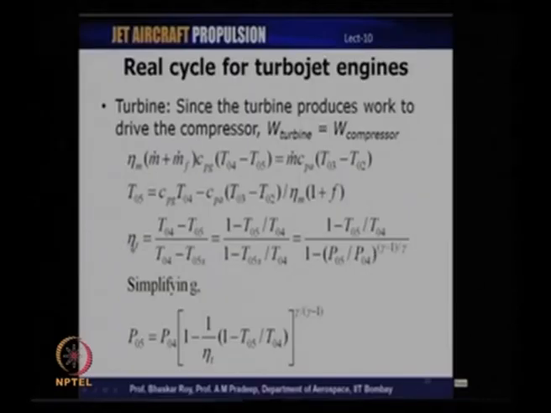So, we have efficiency being related to the temperature ratio as well as the pressure ratio. From simplification of this, we can calculate P05 is equal to P04 multiplied by 1 minus 1 by eta t into 1 minus T05 by T04, the whole thing raised to gamma by gamma minus 1. So, for the turbine now we have the pressure as well as the temperature.